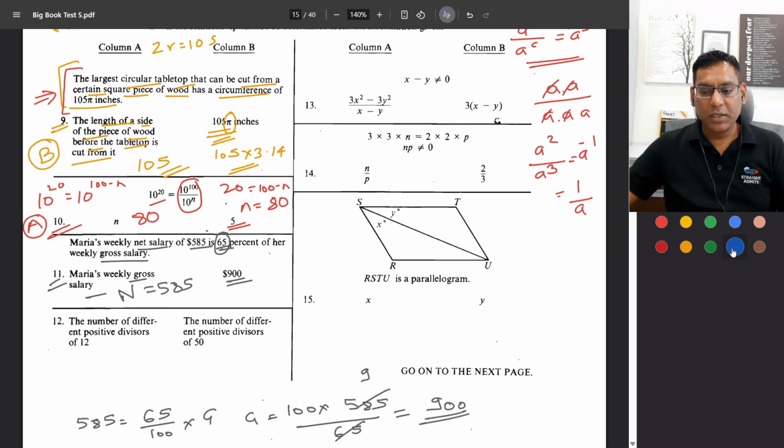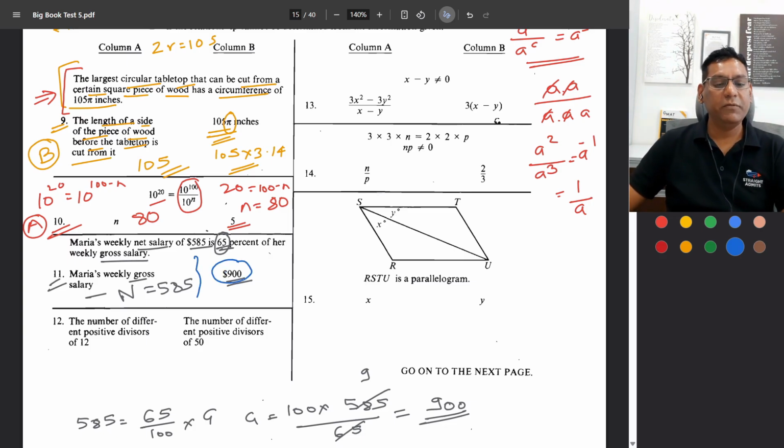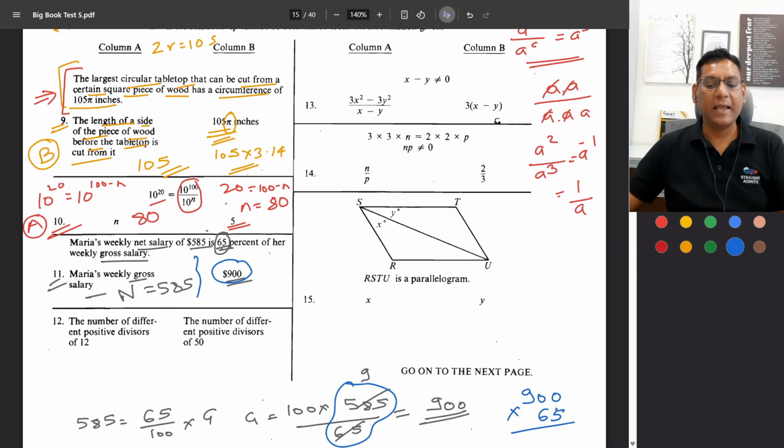You could also do it the other way around. Because we have 900 in column B, let's assume I don't want to do this calculation. Let me work it out by the reference number which is in column B. If the gross salary was 900 and she gets only 65% in hand, what would that number be?